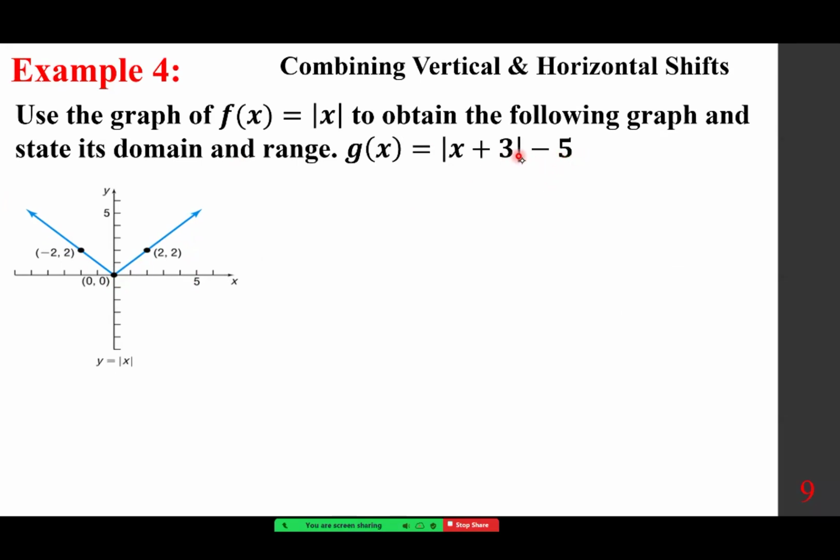So first, we are going to apply the absolute value of x plus 3, which makes it shifted to the left by 3 units. So just for the sake of argument, this one now has been shifted to the left by 3 units. So the x coordinate subtract 3. So this is -3, 0. This is -5, 2. This is -1, 2.